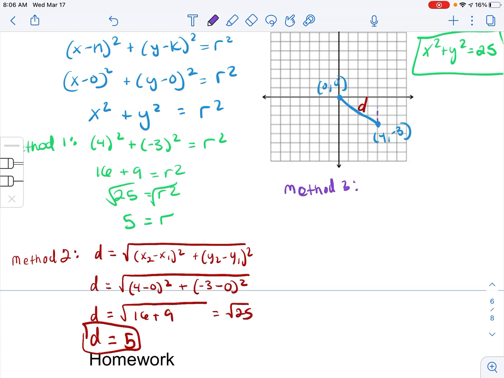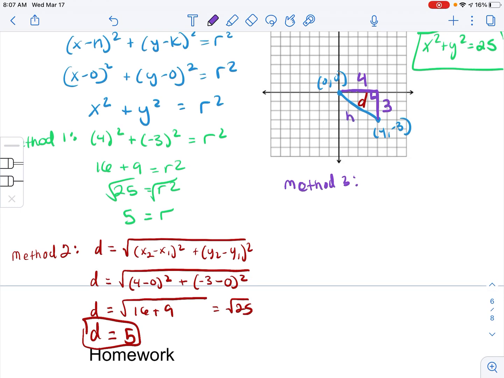If we were to draw basically a vertical line directly to our x-axis and connect it, we form a right triangle. So knowing that this side of my right triangle is 4 boxes and this side of my right triangle is 3 boxes, I can use the Pythagorean theorem, right, to calculate the length of the hypotenuse of that triangle, right? So we can use a² + b² = c² to calculate.